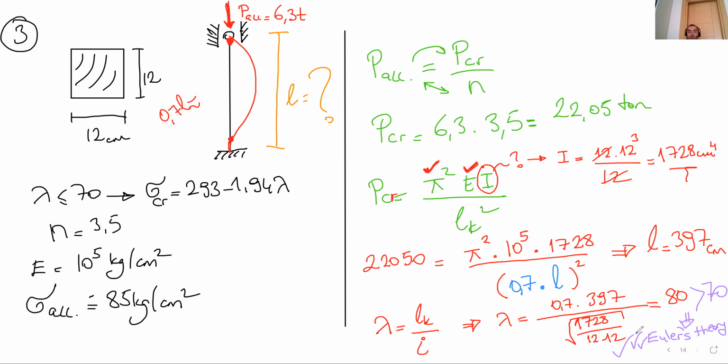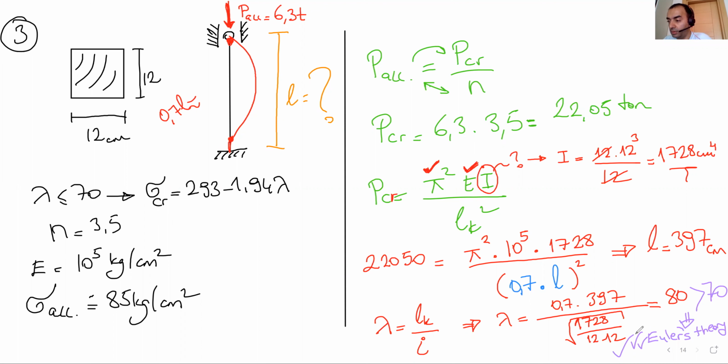We have to go ahead with the empirical equation, following the same method. After we get L, again, we should check the slenderness to verify our solution is correct.